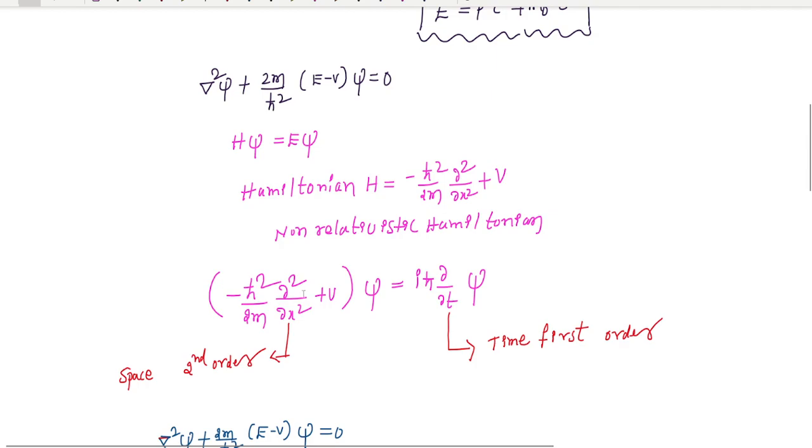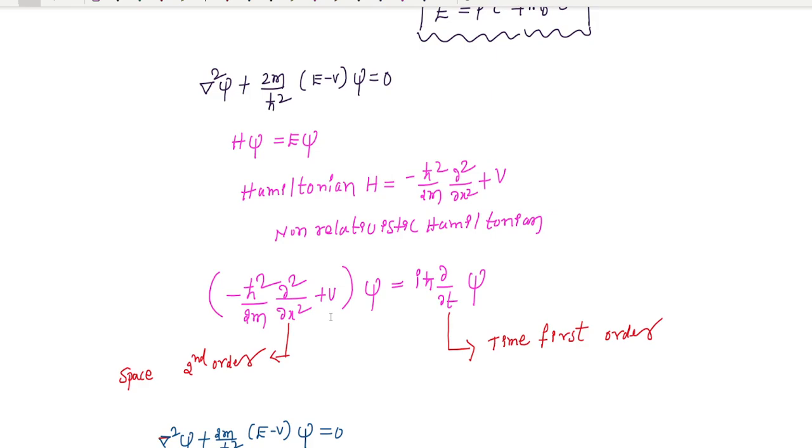In that equation, if you observe, the space and time coordinates are treated differently: space is in the second order derivative, time is in the first order. Especially in our latest quantum mechanics, we need to use the space and time symmetry property. Therefore, they try to rearrange this equation into the time and space coordinates.